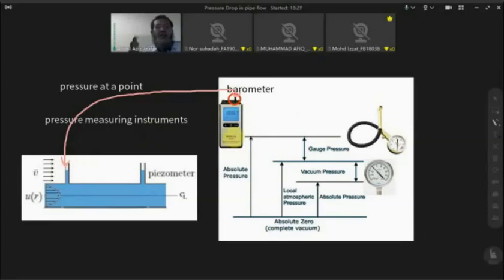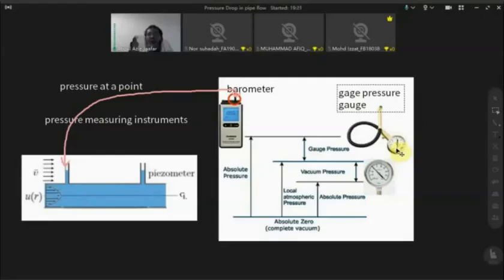So it will give you the value of pressure there. This is not actually a very good way to do measurement, but it should work to give you a measurement.